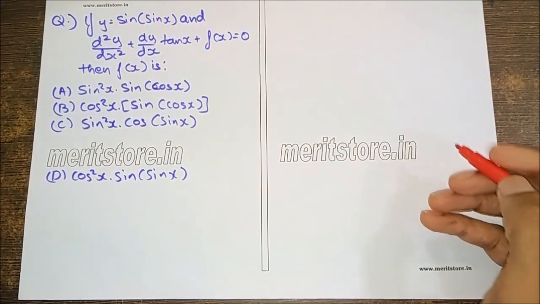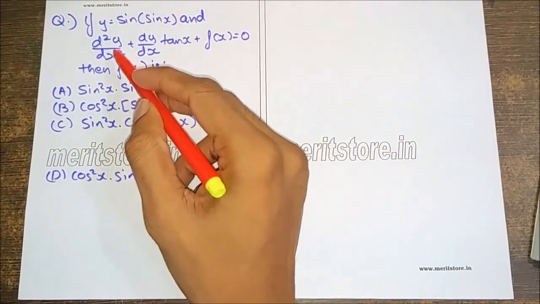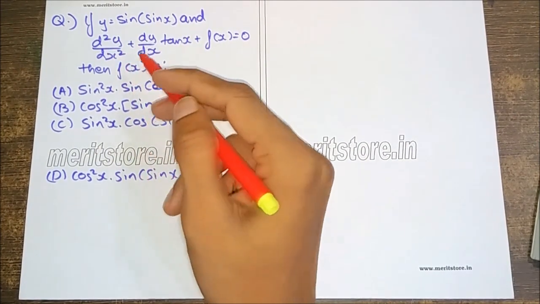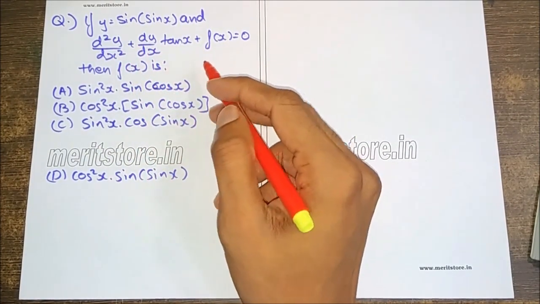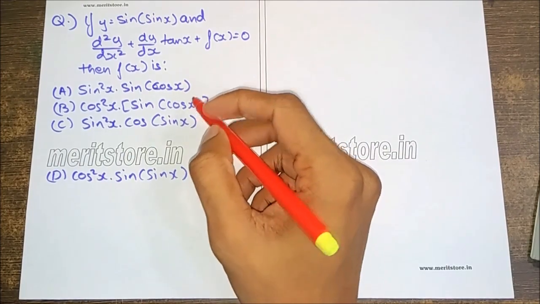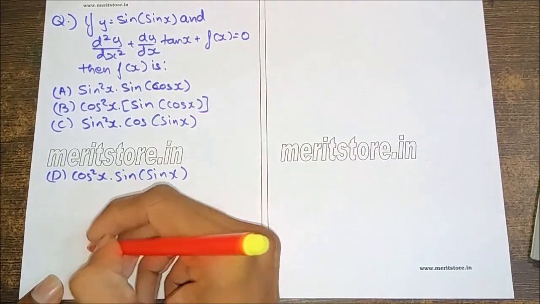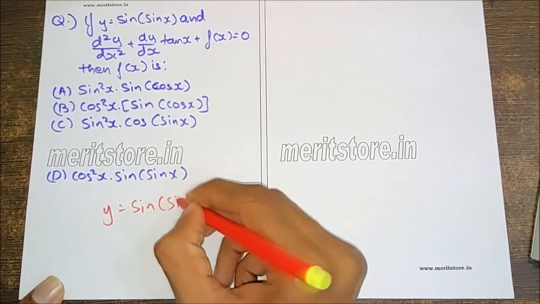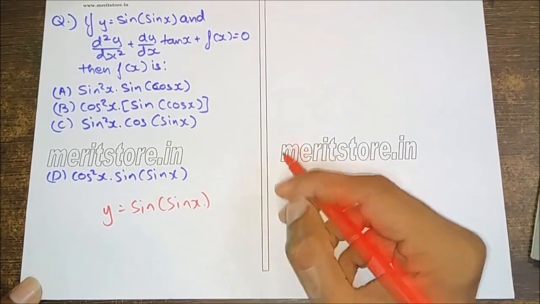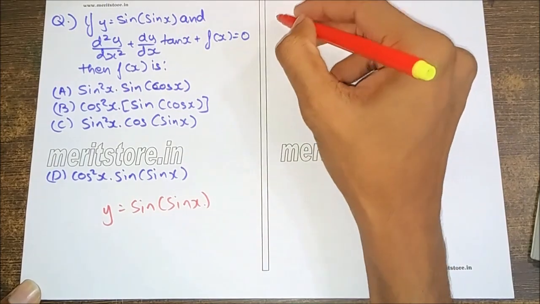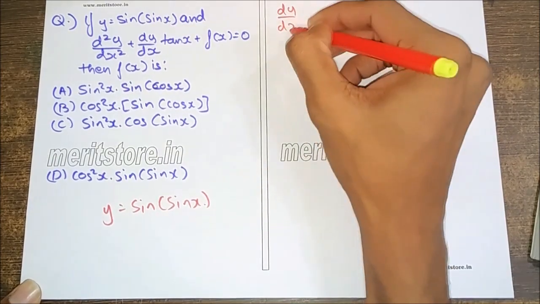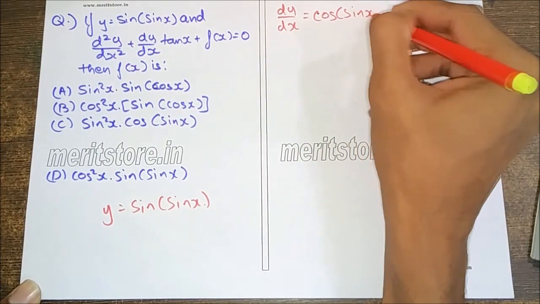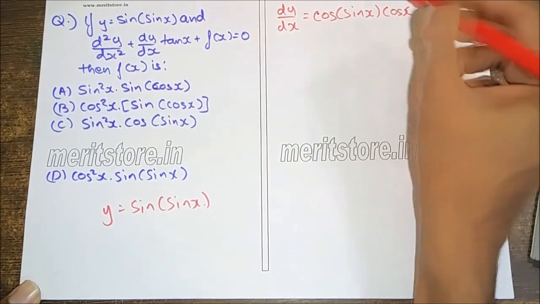If y is equal to sine of sine x and d square y upon dx square plus dy by dx tan x plus f(x) is equal to 0, then f(x) is... We have y is equal to sine of sine x. Therefore we differentiate, we get dy by dx is equal to cos of sine x times cos x.